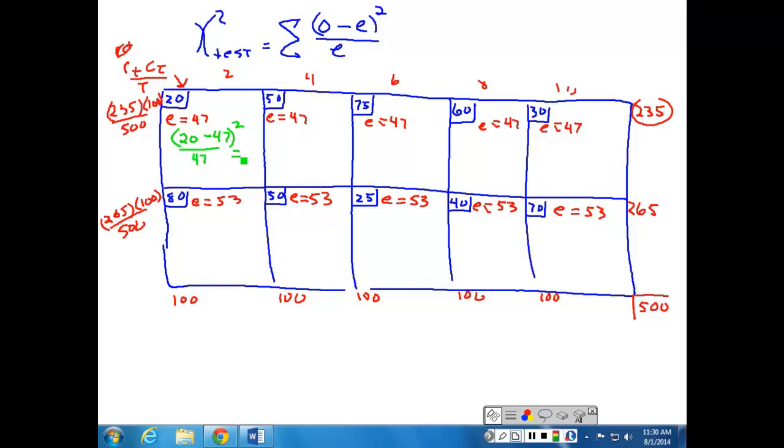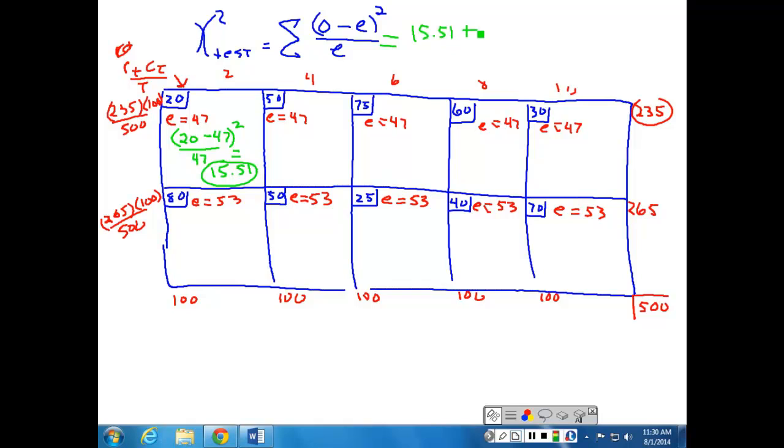And if someone would calculate that for me, just take 27 squared and divide by 47. 15.5. I'm just going to circle that because what this is going to be here is 15.51 plus, and I'm going to do this for every cell.